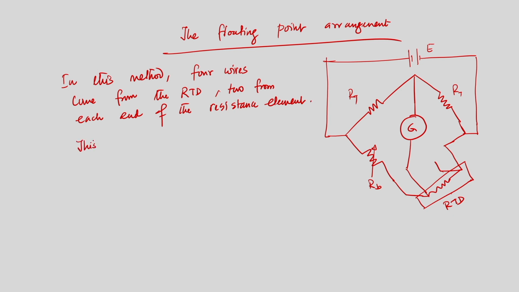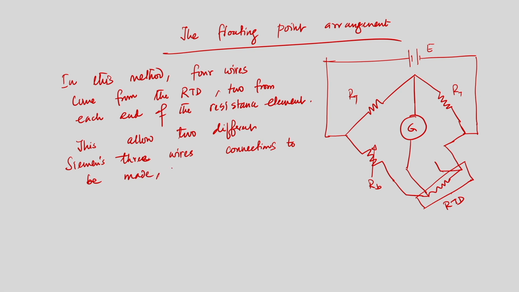Now, this scheme allows 2 different Siemens 3 wire connections to be made, where one lead will be floating. That is why it is known as floating.